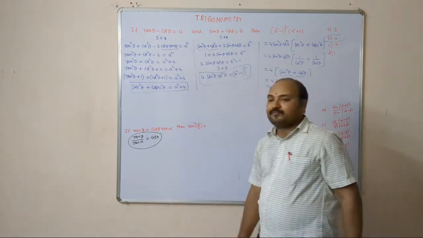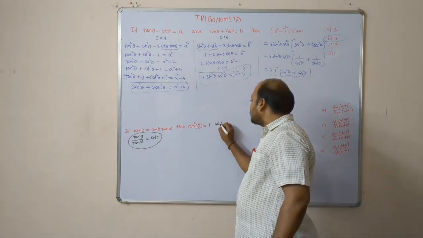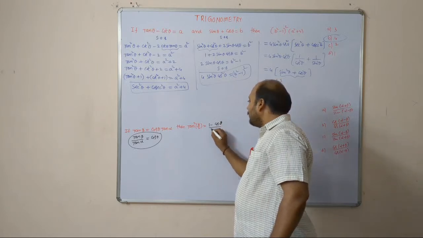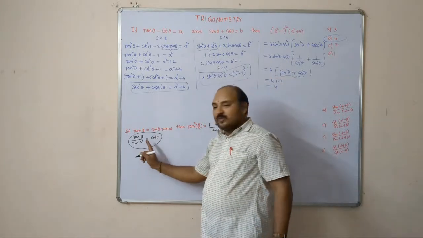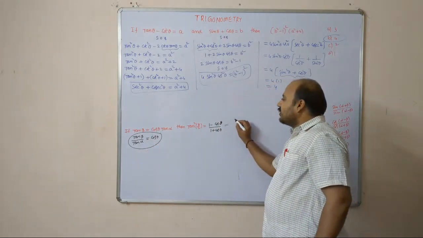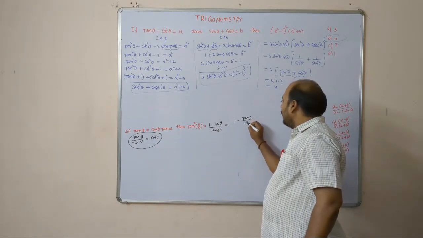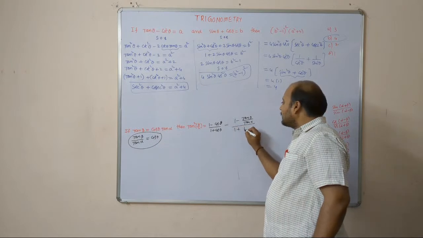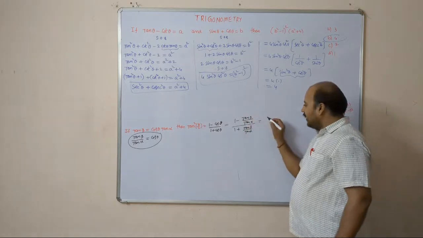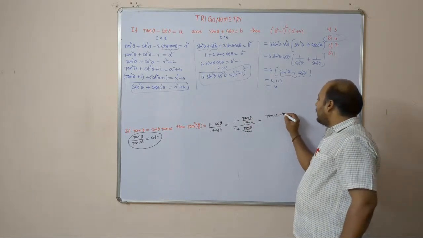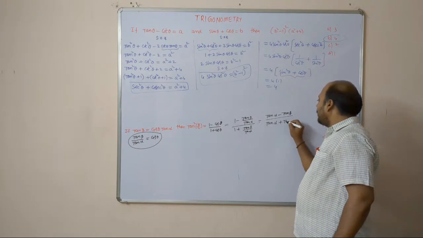Tan square theta by 2 means we have the formula (1 minus cos theta) by (1 plus cos theta). In place of cos theta, we can replace it now. That is equal to (1 minus tan beta by tan alpha) divided by (1 plus tan beta by tan alpha). After that, if you simplify, (tan alpha minus tan beta) divided by (tan alpha plus tan beta).